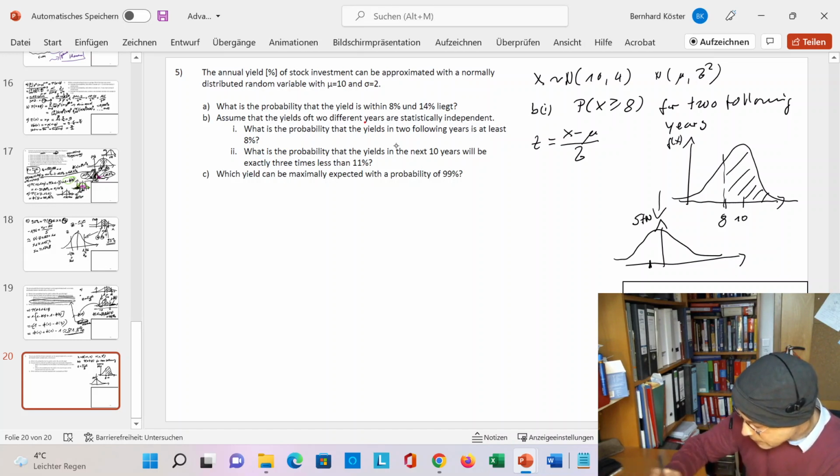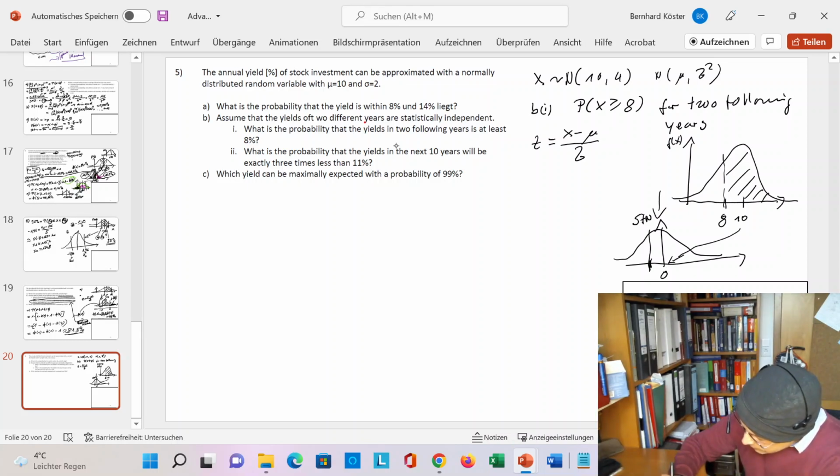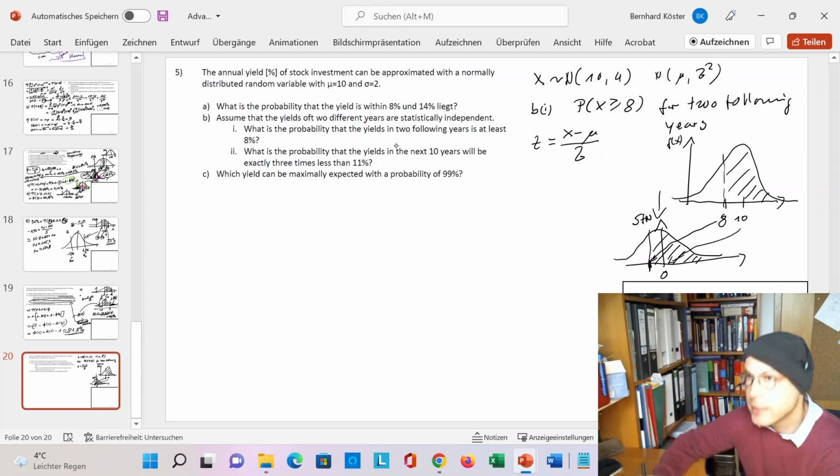So the 10 becomes the 0. And what we are interested in is this lower limit. So into which number does this 8 translate, because we are interested in this area and these two areas coincide.